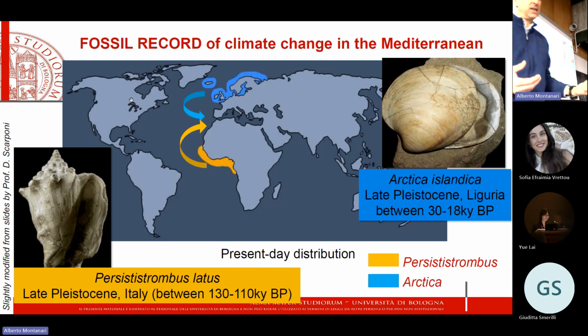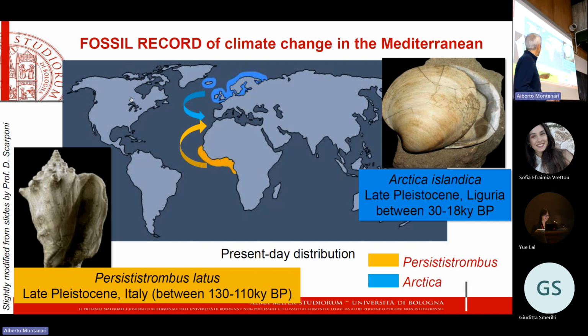So it means that the Mediterranean, at the time the fossil was collected, was warmer. Because if the same species that now lives in a warmer climate is found in the past in the Mediterranean at a precise date, which we can locate, we can say that at that date the Mediterranean was warmer.